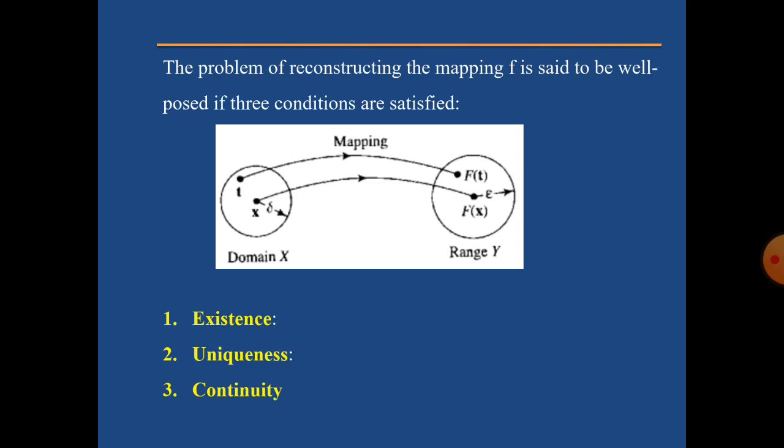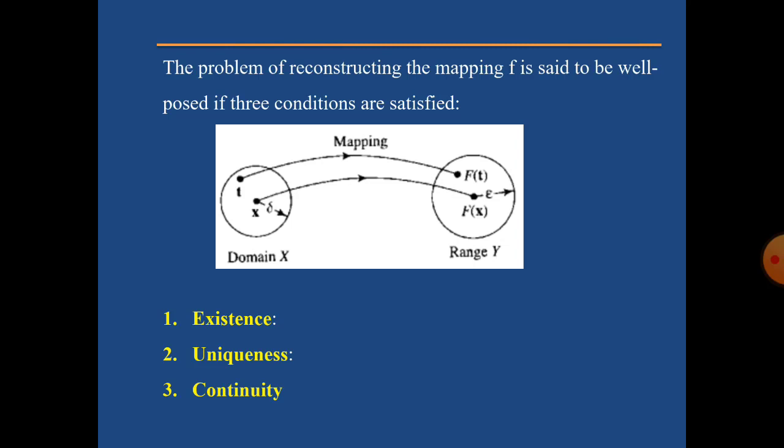The second condition is uniqueness. What is uniqueness? For any pair of input vectors x, t belonging to capital H, we have f of x equal to f of t if and only if x equal to t. So what the author is telling is that in the inputs we have t and x, and corresponding to x we have f of x, and for t we have f of t.